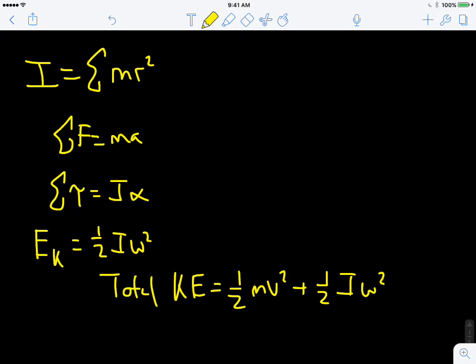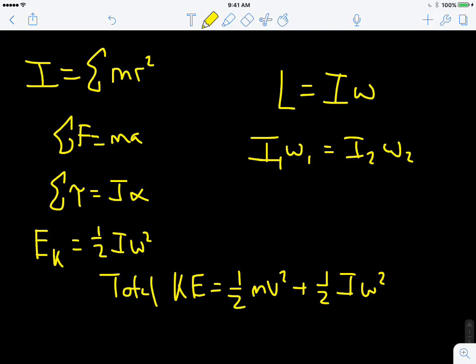All right, and then the last thing is angular momentum, given the capital L, which is equal to I times omega. Just like p equals mv, we have L equals I omega. And since it is a momentum, and momentum is conserved, and it turns out it's a vector quantity, but that's neither here nor there, we can say that if an object has no net torque, then I1 omega1 is equal to I2 omega2.